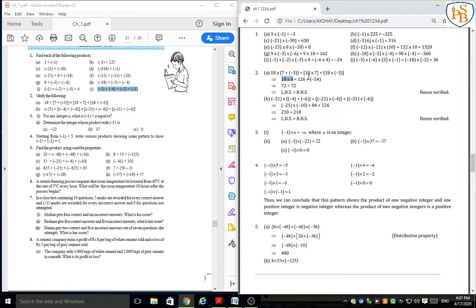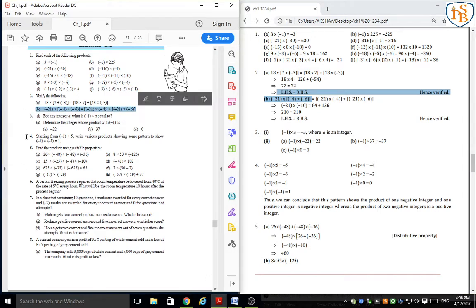And this I can solve: 18 sevens are 126 and 18 threes are 54, which carries a negative sign. If I find the answer, both sides show the same value, that is LHS is equal to RHS, hence verified. Like that you can solve this example B.